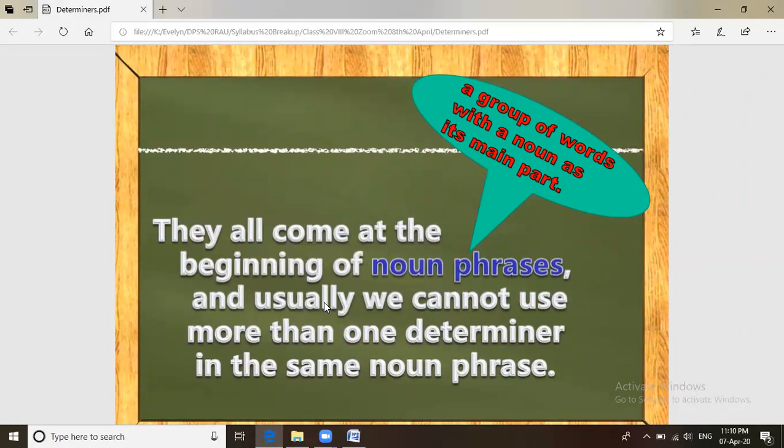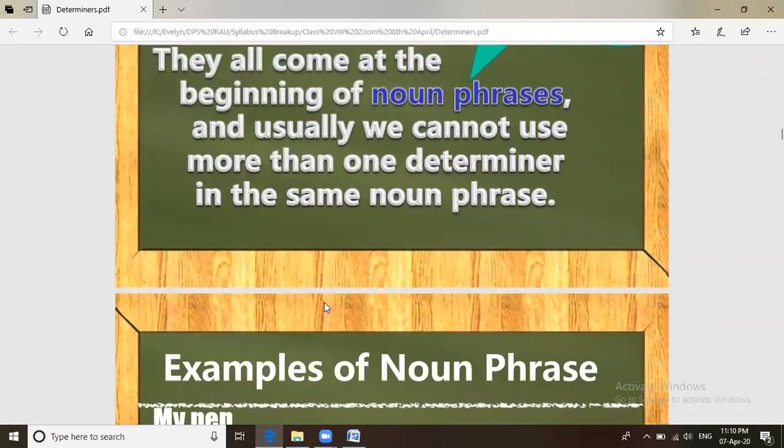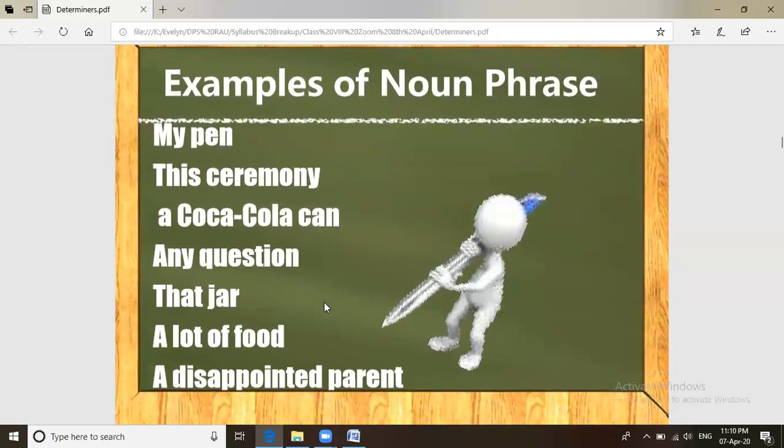Now the determiners come before a noun phrase as well. Now what are noun phrases? Noun phrases are a group of words that does the work of a noun in a sentence. Like my pen is on the table. So what is on the table?